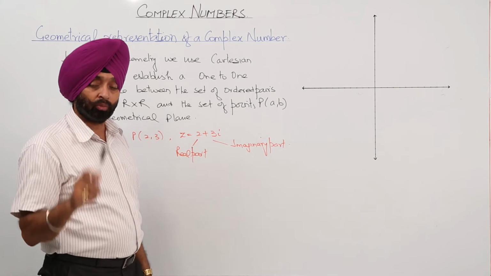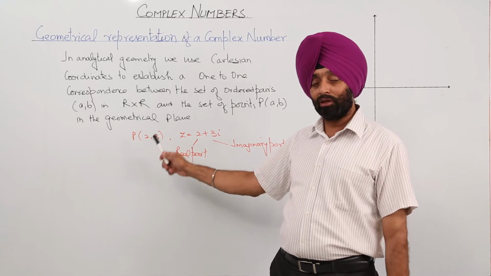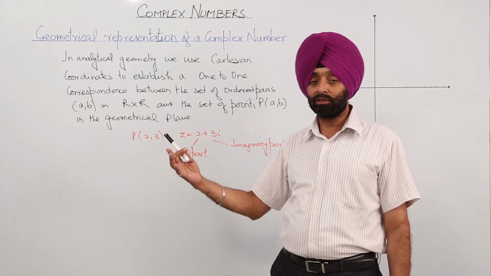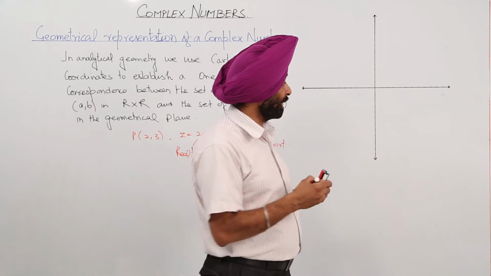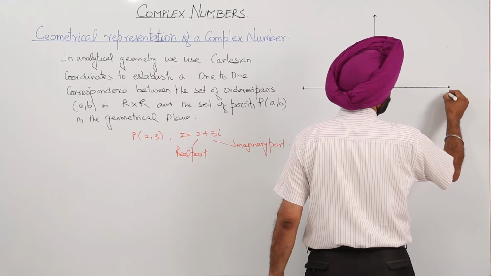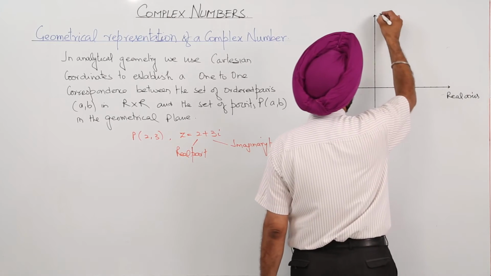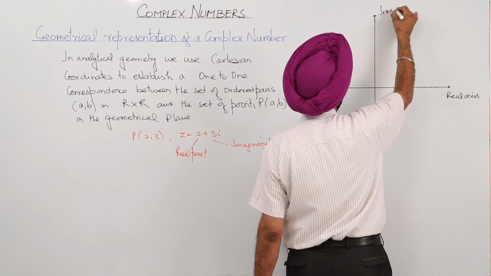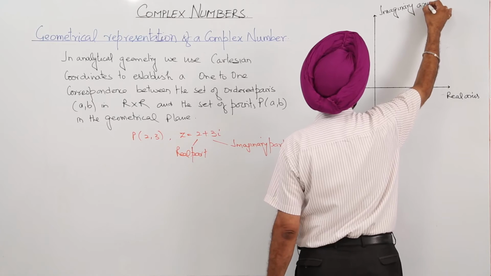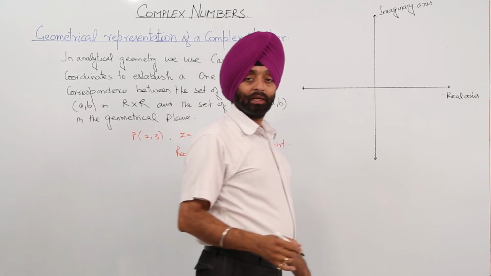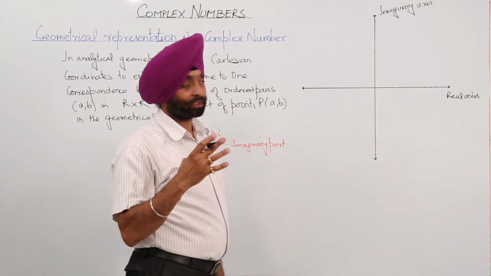First we consider as the domain, second as the range. So in the complex number, the first will be on the x-axis, but here we will not term it the x-axis. We will write it as the real axis, and this is the imaginary axis. For the real axis, x-axis; for the imaginary axis, y-axis.